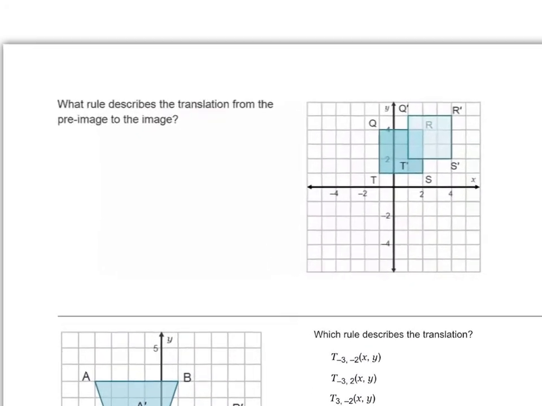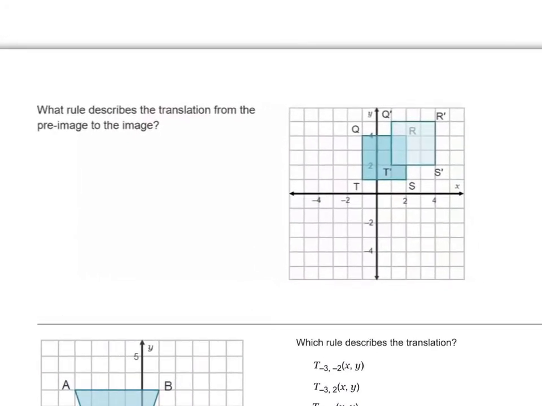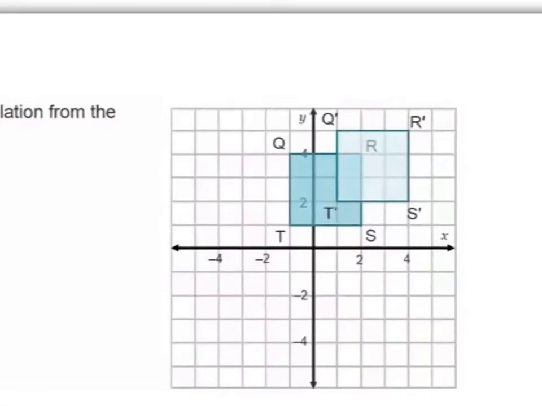On this one, it wants us to write the rule. What rule describes the translation from the pre-image to the image? So here's what I want to do. Let's just look at point Q. That's on my pre-image, and then my translated point is Q prime on my image. What I want to know is how many units I'm moving to the right and how many units up.